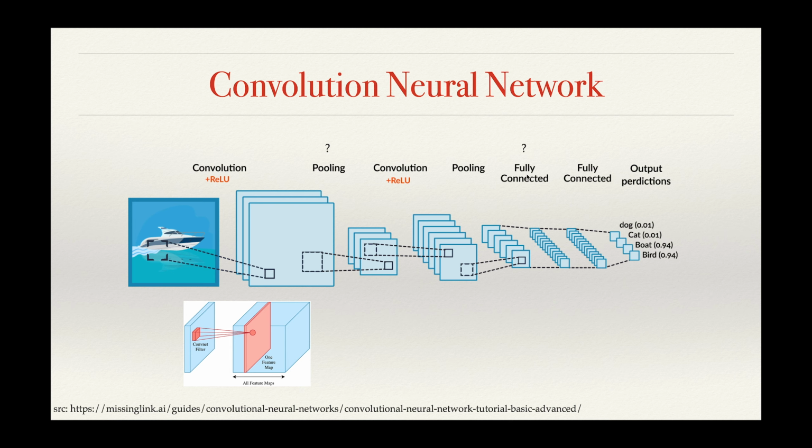Then we have what is called fully connected, which we also talked about. It is actually the normal feed-forward network, which we need in order to do softmax at the end, to do classification, for example, between dog, cat, boat, and bird, and so on. You could also sometimes see this kind of representation, which is the same as this one.